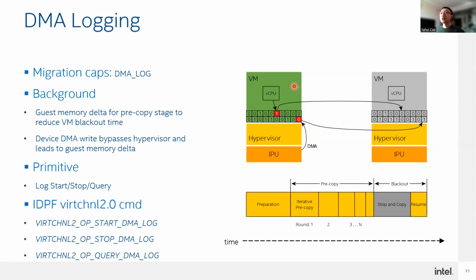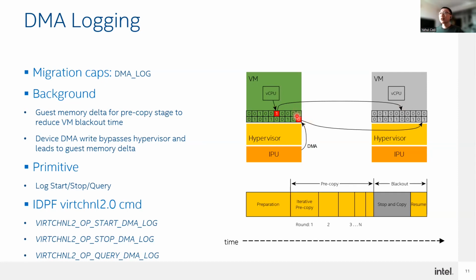For the CPU changed memory, because the hypervisor is managing the vCPU state, it knows what memory is changed, which is the location. But for the device side, you can see that the IPU is writing the memory by bypassing the hypervisor. So the hypervisor has no idea which memory it writes and when it writes.